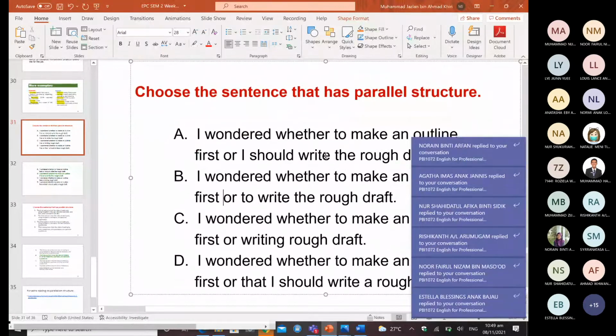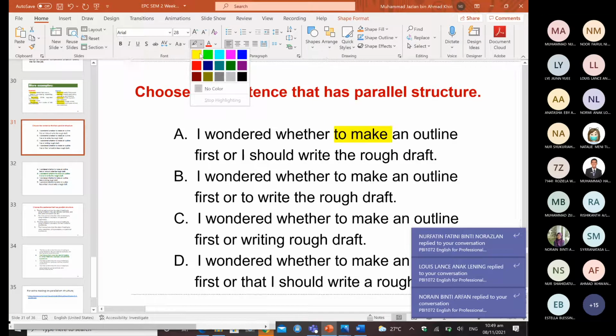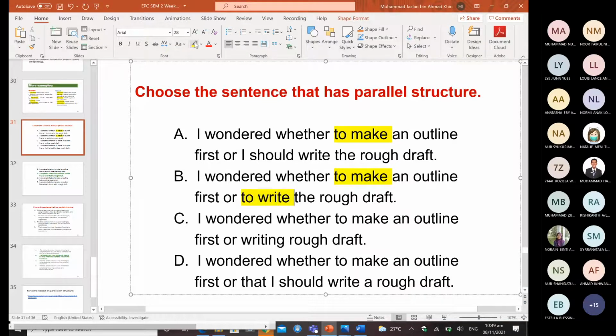As you can see here, in A it says "to make." However, for the second one, there is nothing. But if you see B, you will see a repeat of "to make" with "to write." In C, only "to make."